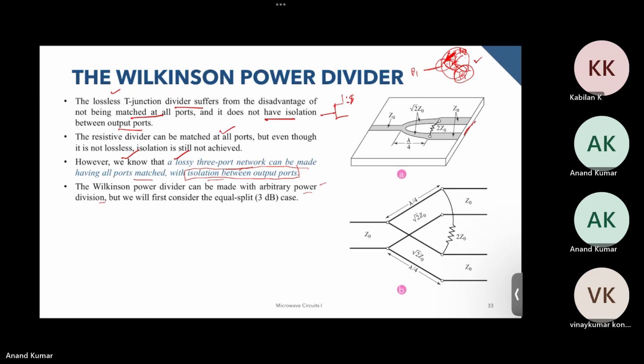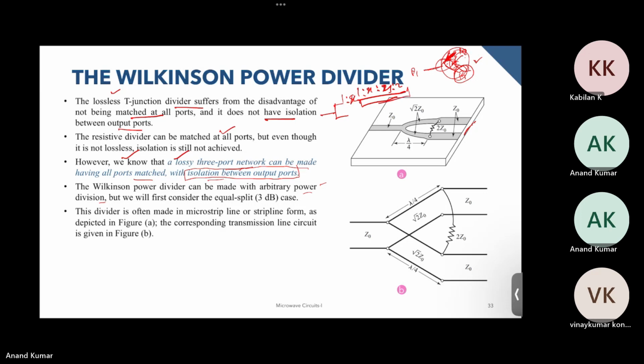It could be in a 1:x ratio, or 1:x:y:z, with any number of output ports and arbitrary power division using the Wilkinson power divider. But the analysis for this arbitrary division is out of scope for this particular course. There are papers out there which you can refer to if you want to work on these.